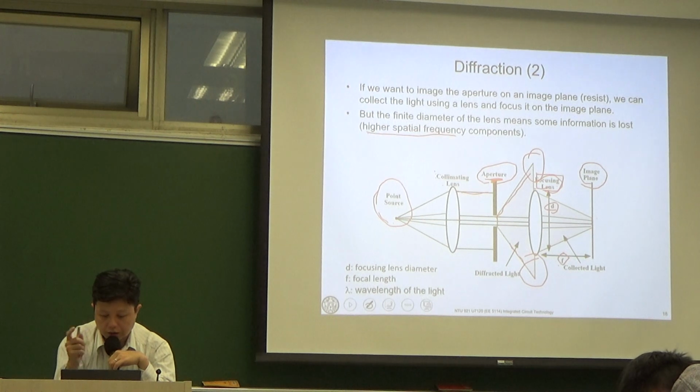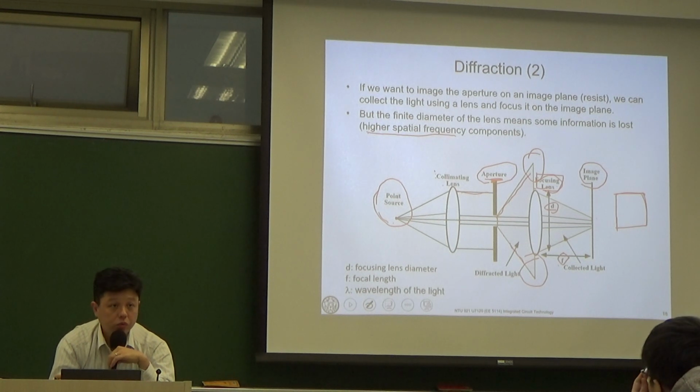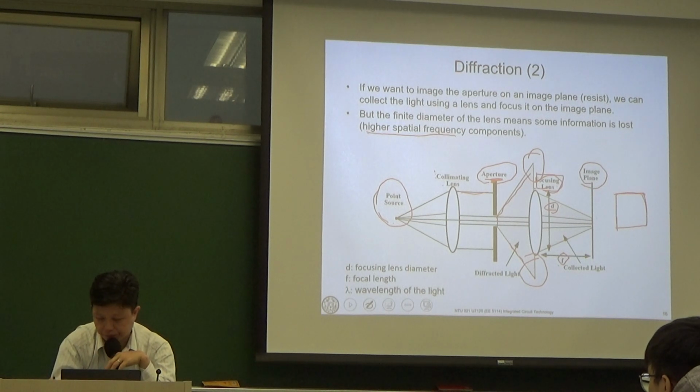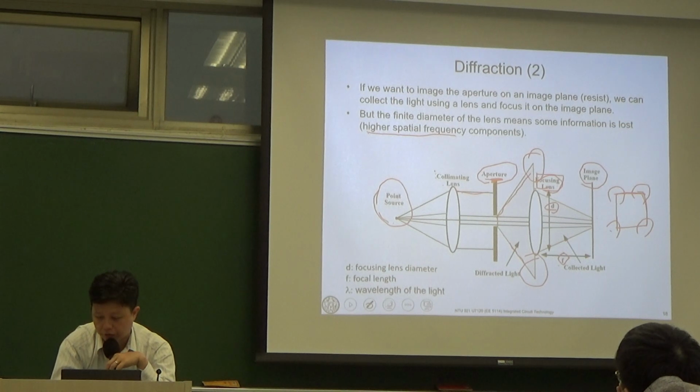So I can use this to explain that. Consider we have a square pattern. After the light goes through these apertures, there's diffracted light, and at this corner, in the actual space, you have a very sharp change.